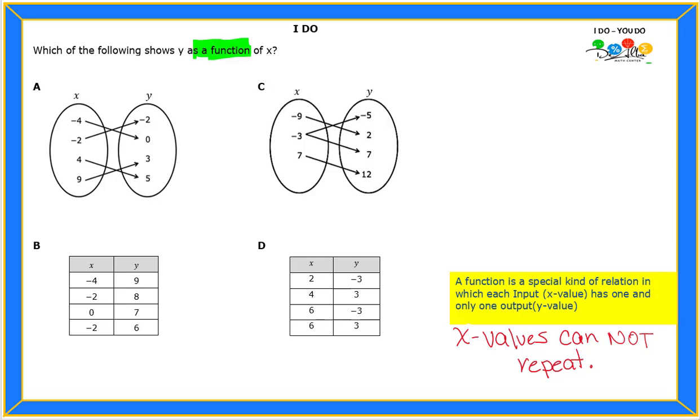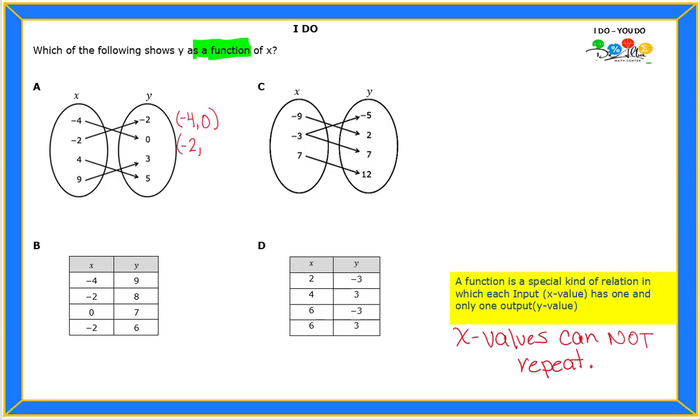If you notice letter A, it's called a mapping, okay? So before you decide whether that's a function or not, my advice is let's write down the order pairs, okay? So what I mean by write down the order pairs, I'm gonna write down, for example, -4 is my x value, and -4 is mapping to 0, right? What about -2?